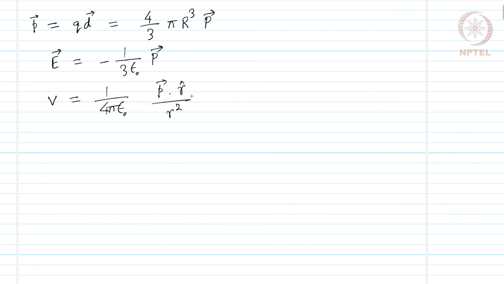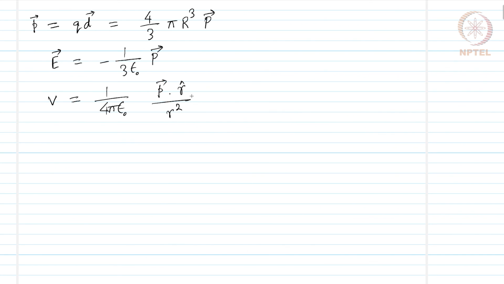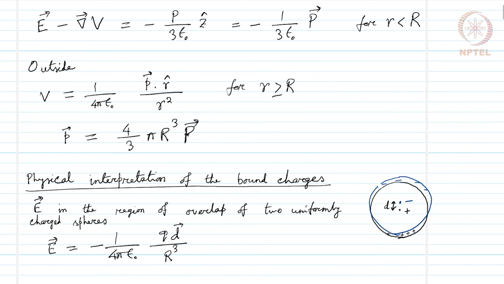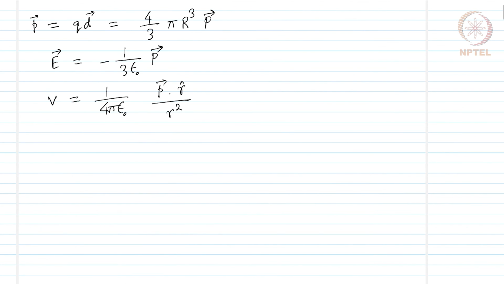So we can physically interpret the polarization by considering two equally and oppositely charged spheres with a slight difference in overlap between each other. That is how we can physically understand what these bound charges are. So, bound surface charge we have seen using this analogy.